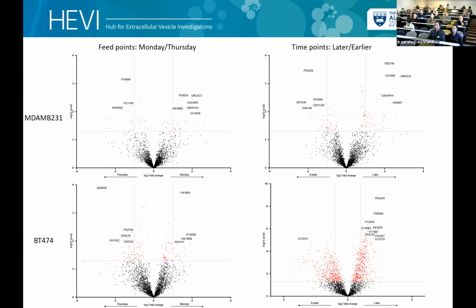To summarize this part and overall, again, by employing SWATH, we identified thousands of proteins. We found a set of core proteins that remain stable. And again, we can use it as a readout or indicator of the health of the bioreactor system itself.